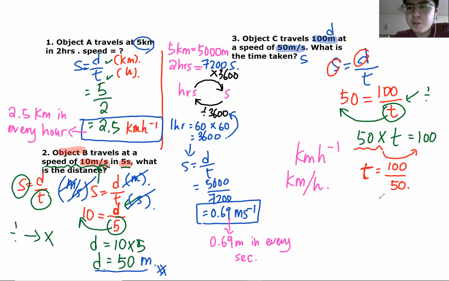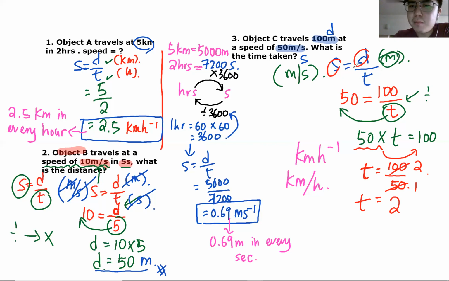So 100 divided by 50 is 2. 2 second or hour or minute? Look at the unit. Distance here is in meter. Speed is in meter per second. So you have meter and meter, second and second. So the time is in second.